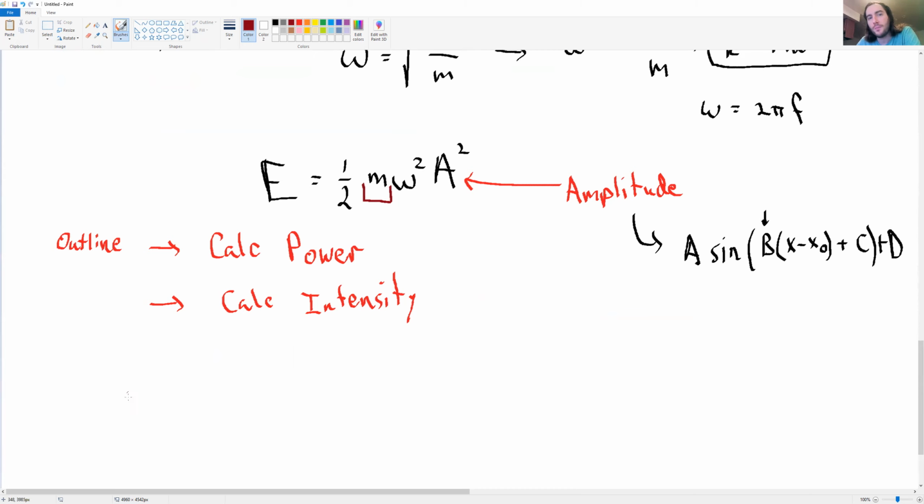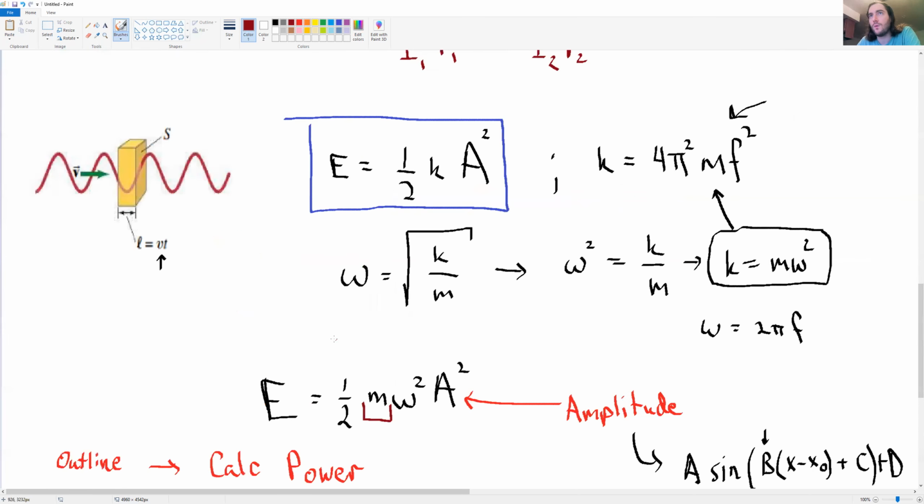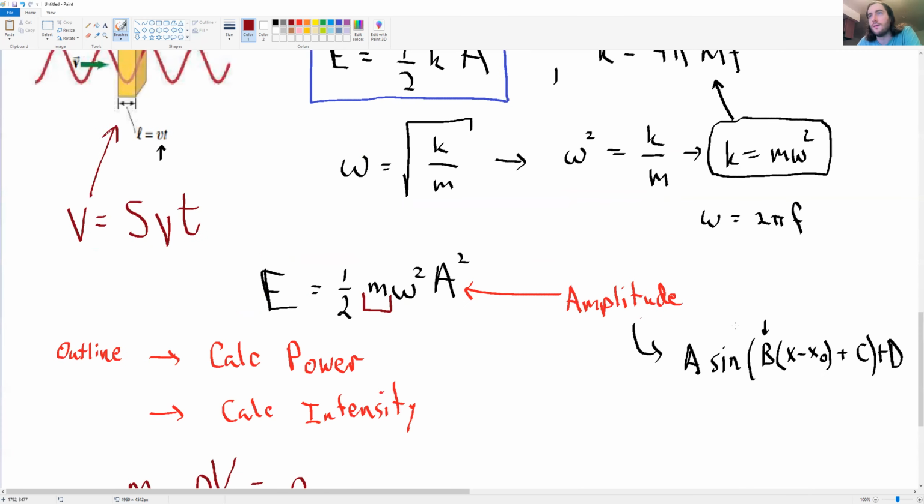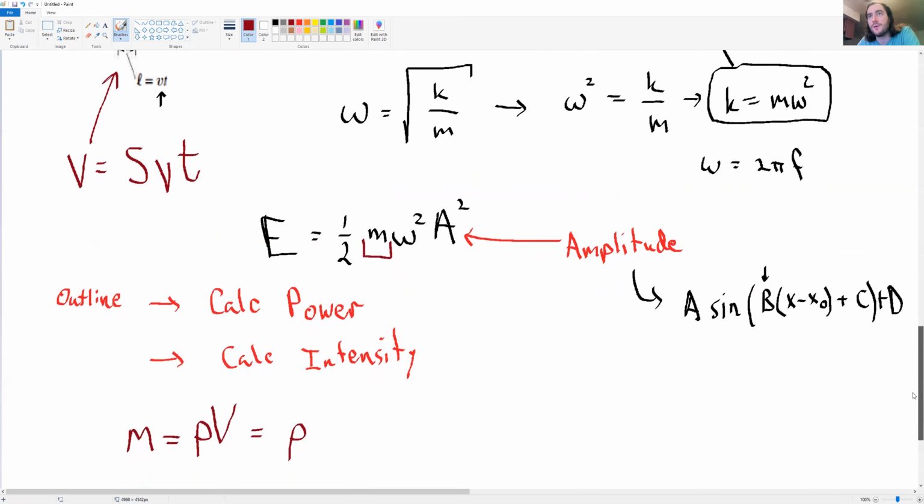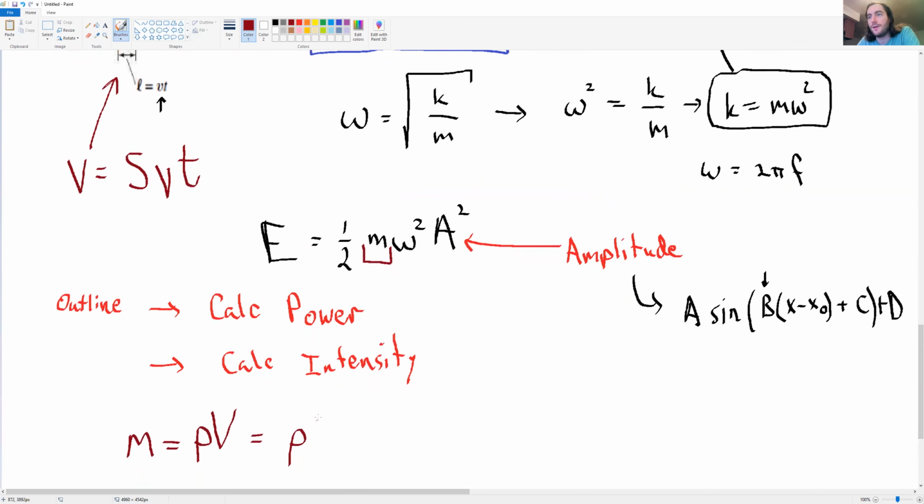So we should probably replace mass with density times volume, and replace volume with, what is the volume? Well, the volume here is S times vt. Let me try and get all of that in the picture here. So the volume in that figure there is S times vt.